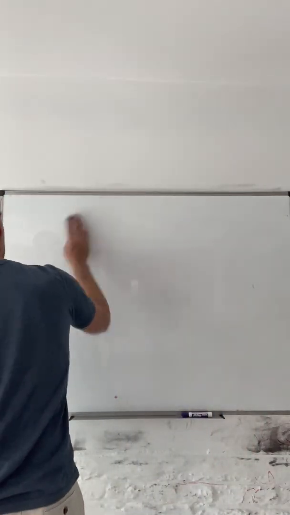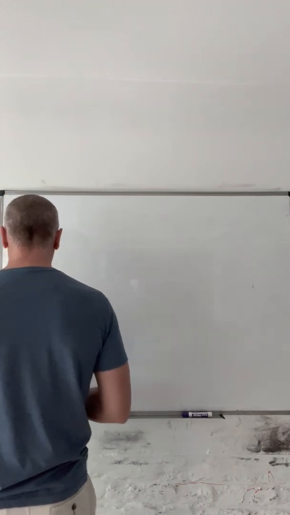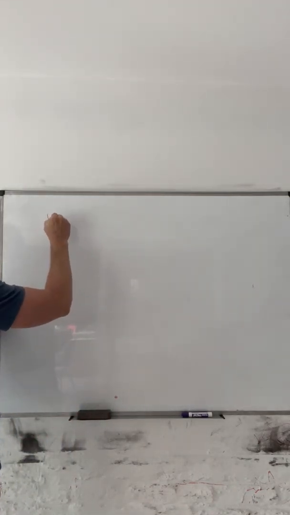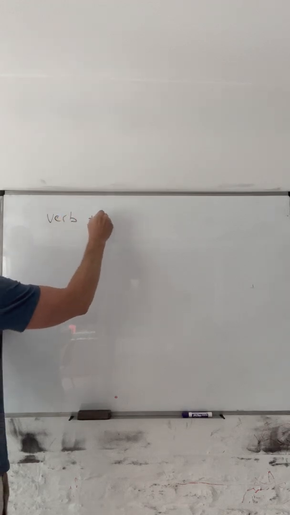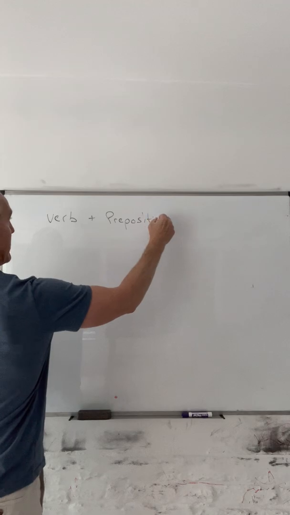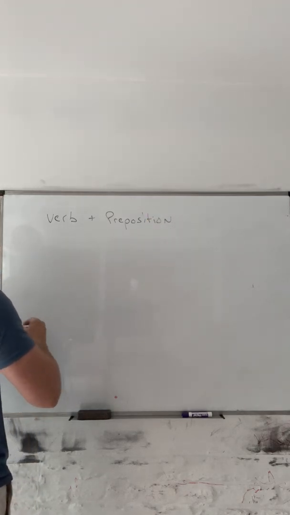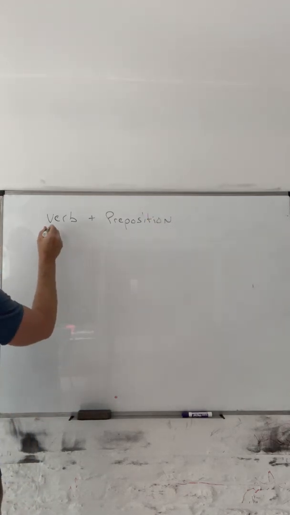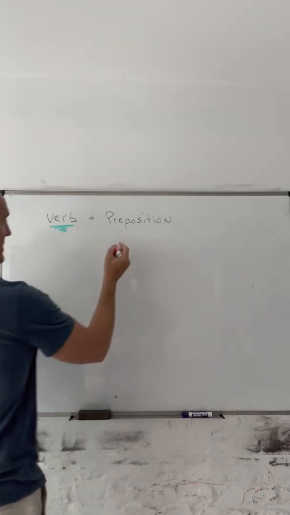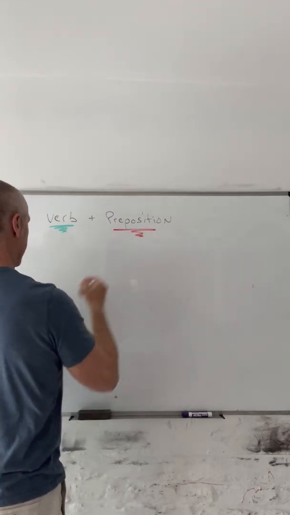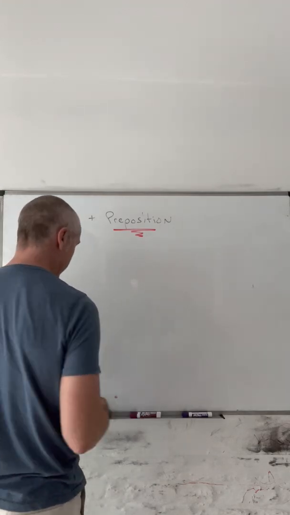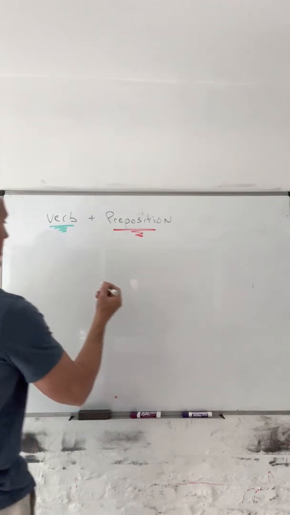Watch. Sometimes we'll have what we call this. We'll have like this: a verb plus a preposition combination. So we like green for our verbs, and we like red for our prepositions today. And so these would be some common verb preposition combinations.